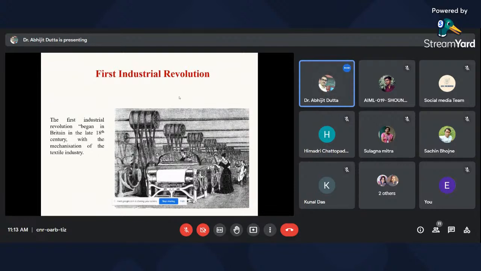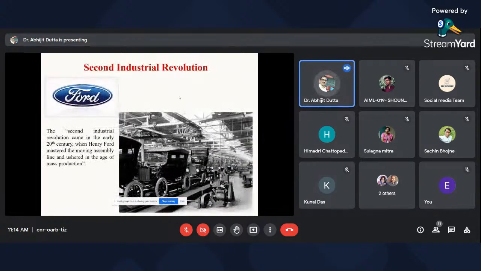Before that, everything, the textile industries or anything, was manually driven. The second industrial revolution was introduced by the Ford company, Henry Ford, who introduced assembly line production to meet the high demand for their cars.